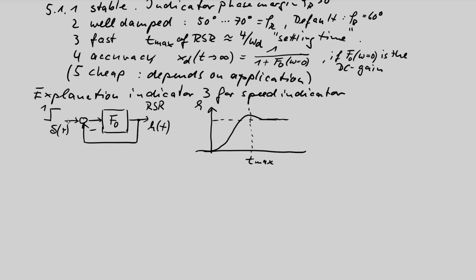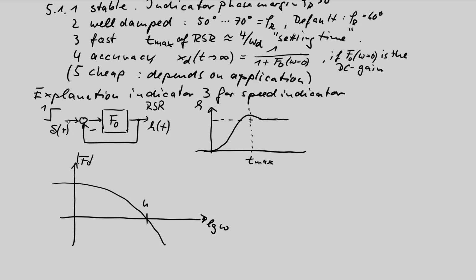Question is, can we estimate or calculate the Tmax value if only the Bode plot of the open loop is given? For this, note that we have discussed in chapter 3.9 the following situation. Given the magnitude curve of the open loop with the main behavior described in the beginning of this chapter, we have the crossover frequency omega d.